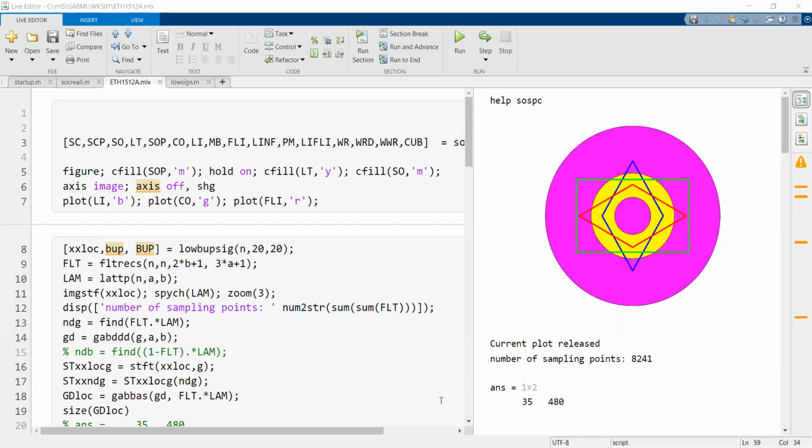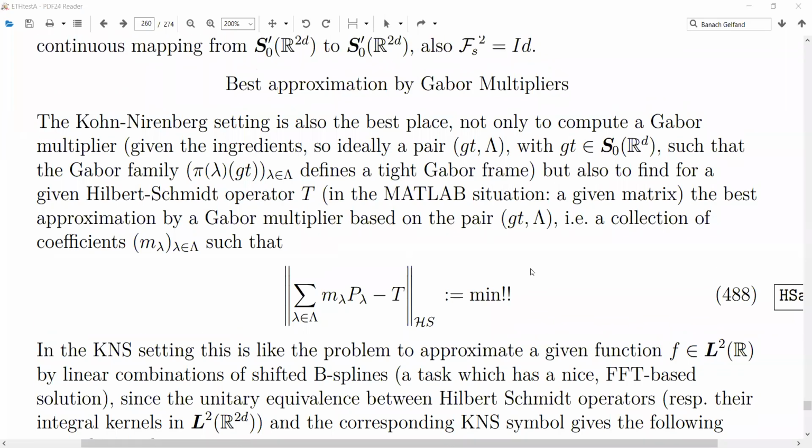And that's where I'm going back to the script. So one of the questions that can be answered with the knowledge that we have, both experimentally from MATLAB and now with the setting and the mathematical terminology, is how can we approximate an operator by a Gabor multiplier?